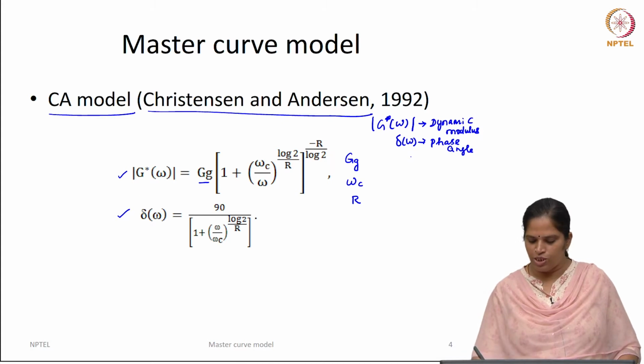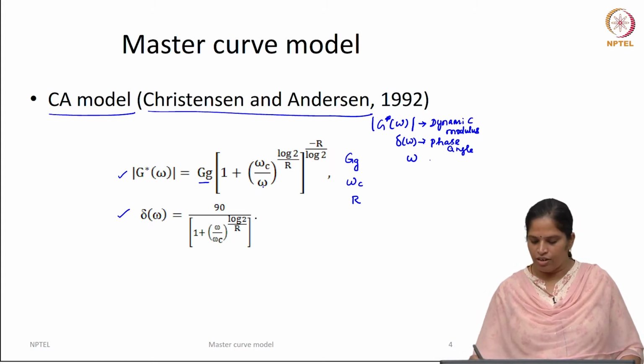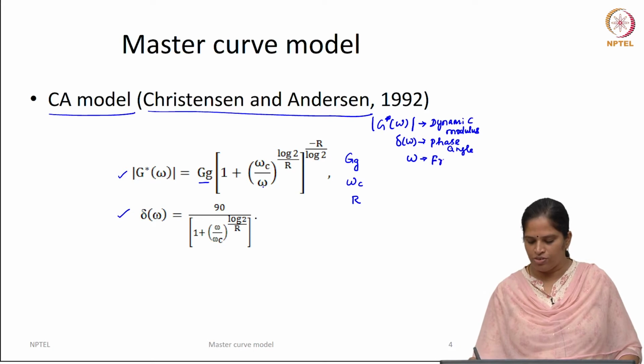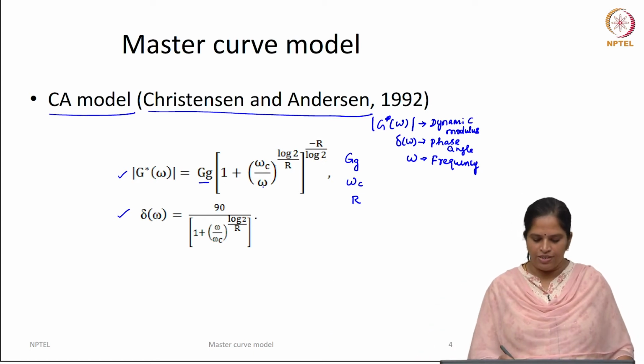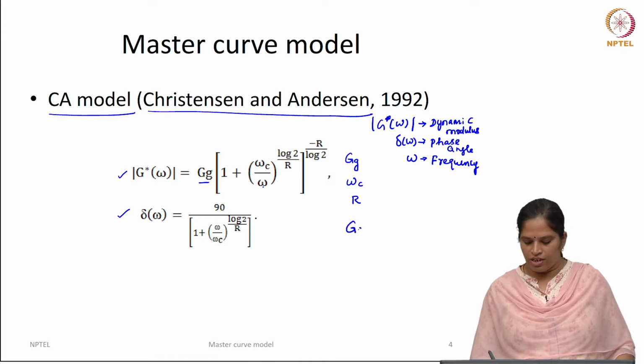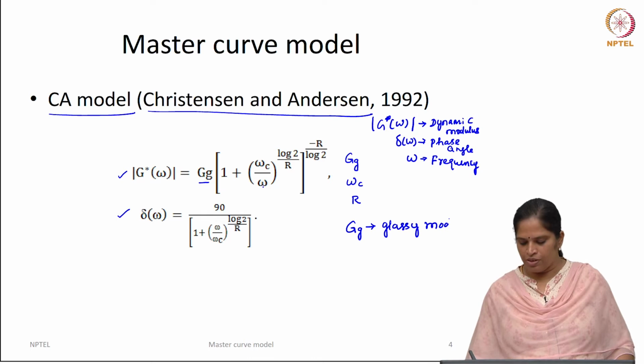All this equation is a function of omega, where omega is the frequency we use. So when you see this equation, it has three constants. One is Gg. This Gg is the glassy modulus. Let me explain this term, what is glassy modulus, in the next slide.